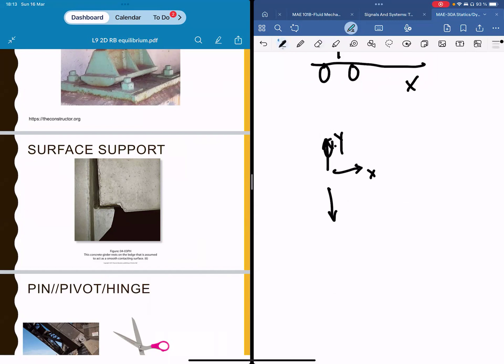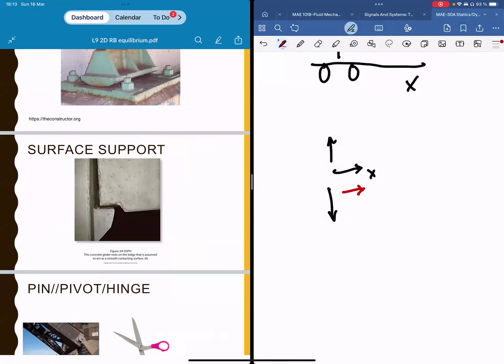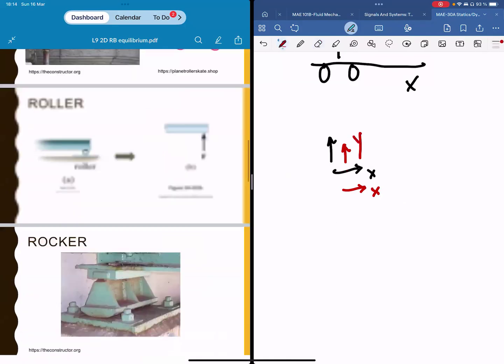So technically the force will look like this. There's a restriction force in this direction, and if I try to pull it down, it won't let me, right? It's in this direction. That's for a surface support.